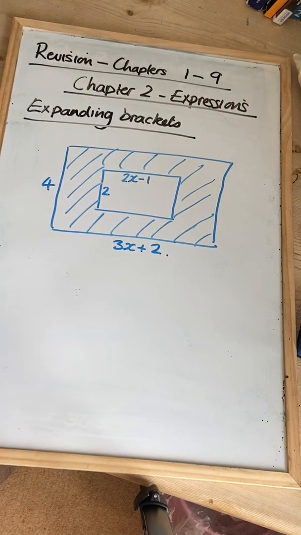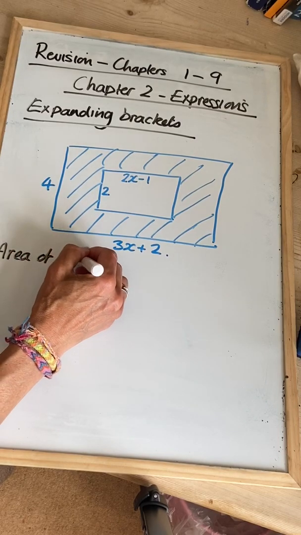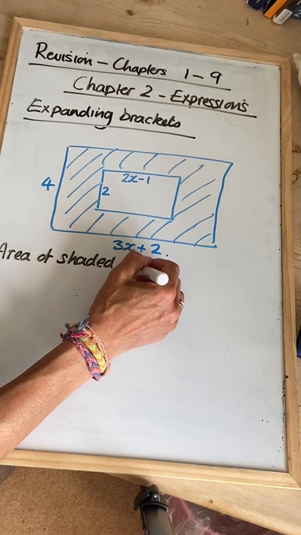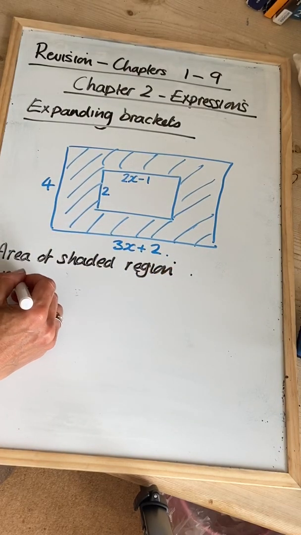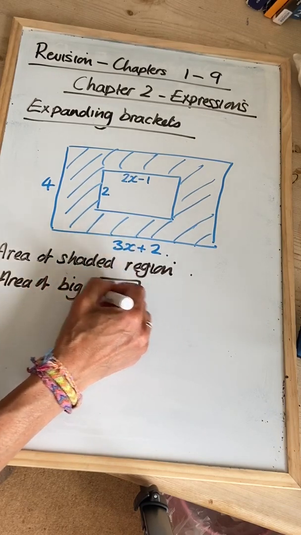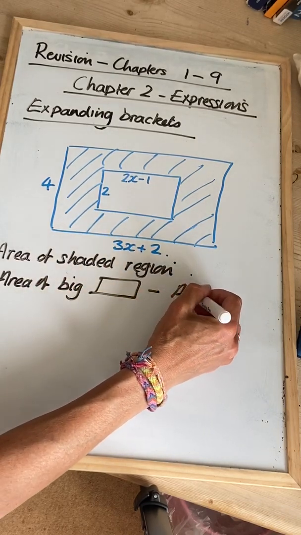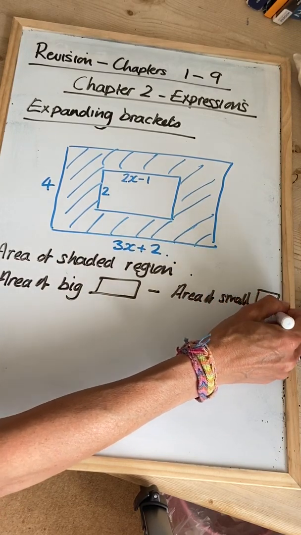So if I want to find the area of the shaded region, I would say it's going to be area of the big rectangle minus the area of the small inside rectangle.